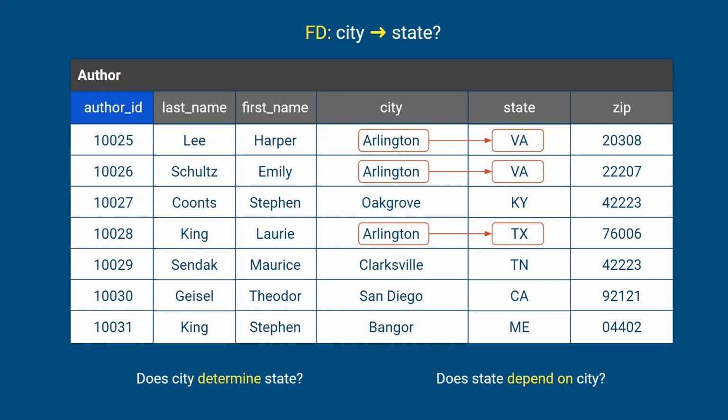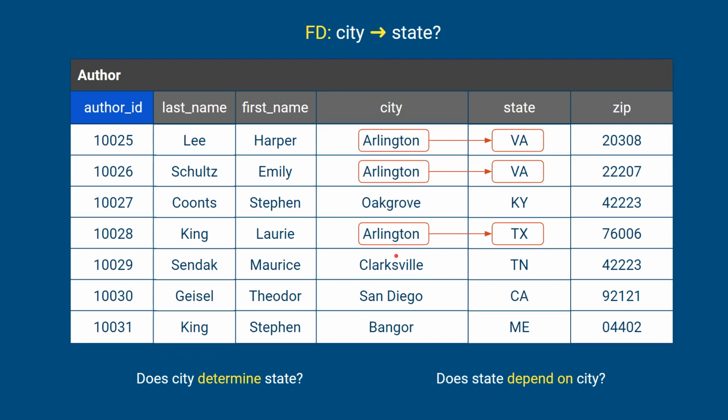Kansas City is a pretty good one, because you've got Kansas City, Kansas, and Kansas City, Missouri. How many mayors are there? Two mayors, yeah. So I think in the United States, there is no single city that's in two different states. One metropolitan area, yes. But here, when we're talking about a functional dependency, we're talking about the value in a column.